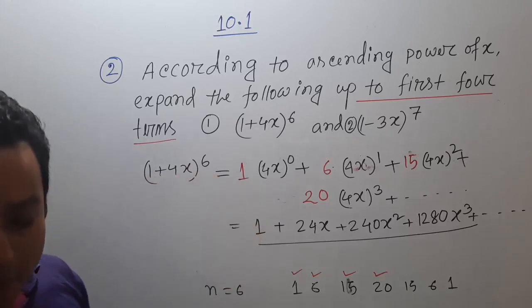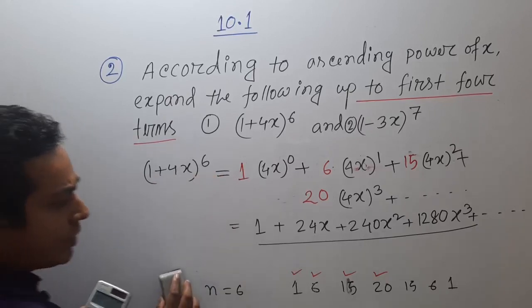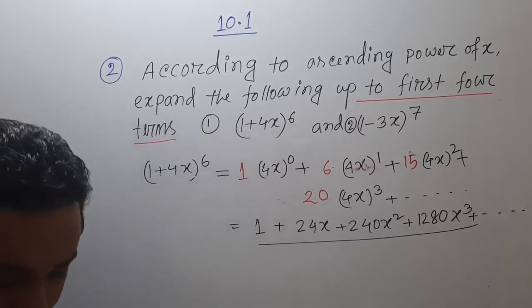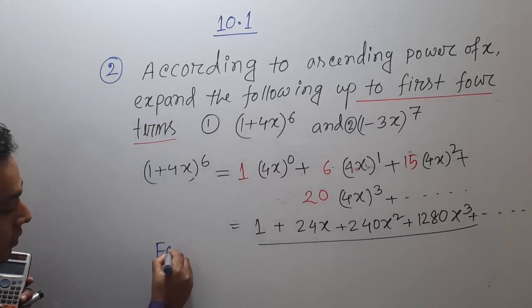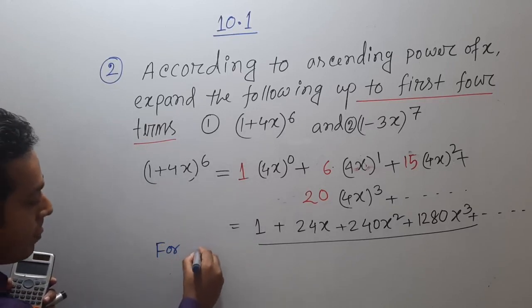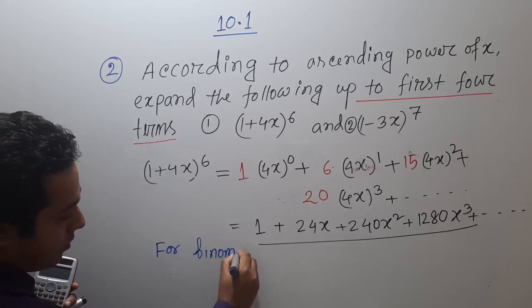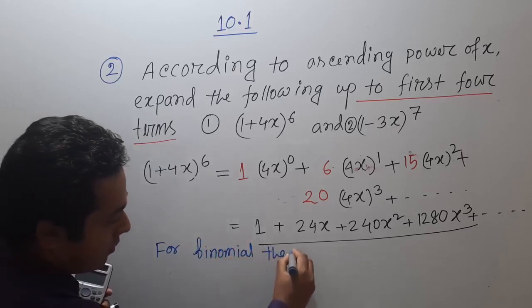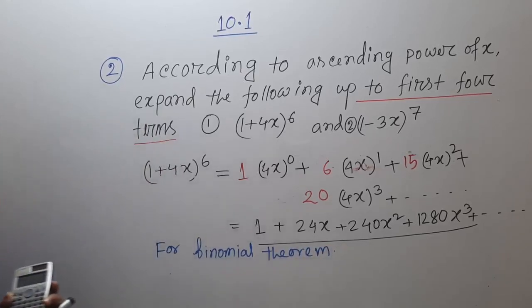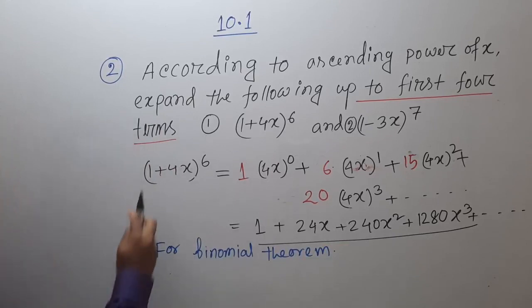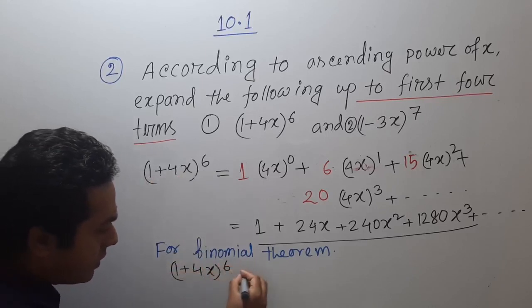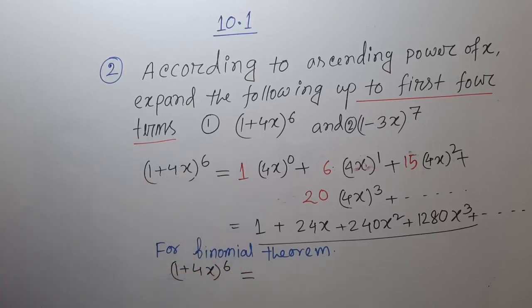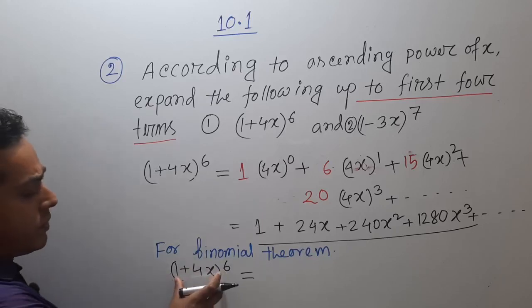How can we apply the binomial theorem? Here (1 + 4x)^6 is equal to (1 + 4x)^6.